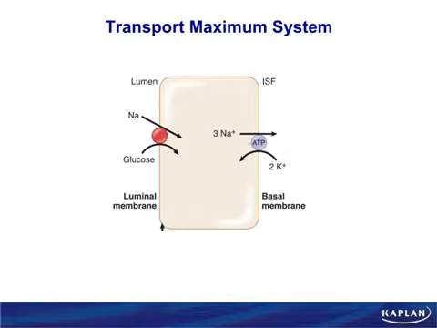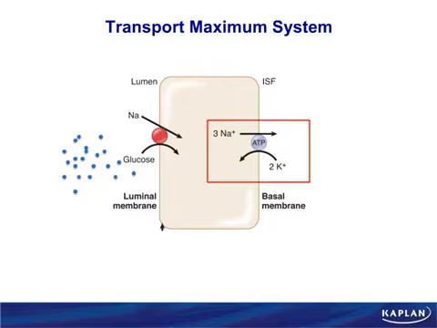So let's take a look at how reabsorption works in the proximal tubule. If this is the lumen, and here's the luminal membrane, you have glucose that was filtered. In the basolateral membrane, you have the sodium-potassium ATPase hydrolyzing ATP to actively reabsorb sodium.